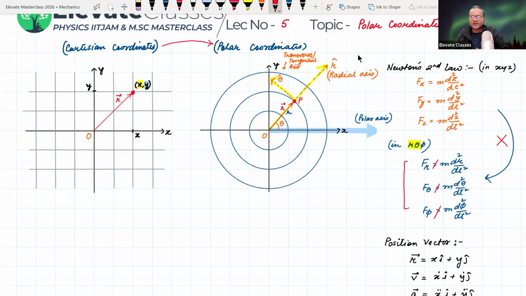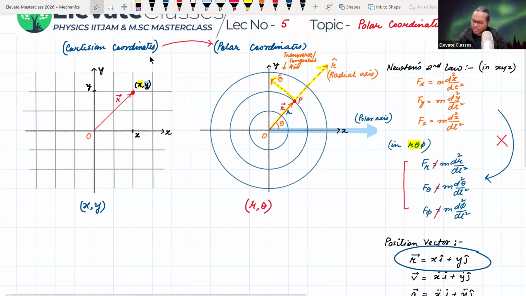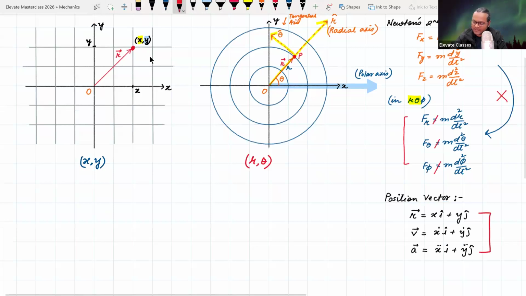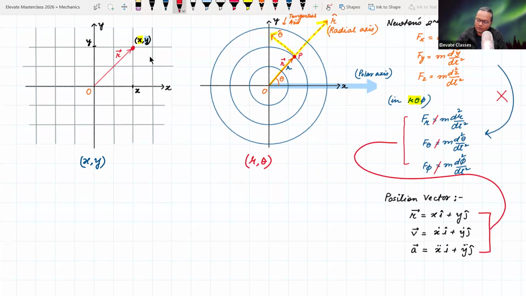And mathematically, there are what are called the transformation equations involved. So in Cartesian coordinates, we used to have these two numbers, x y, where a position vector is written in this manner. And in polar coordinates, we have r and theta, where I want to find out the same thing. How can we write the position vector, velocity vector, and the acceleration vector in polar coordinates? And as a result, I want to find out the force equations in polar coordinates.